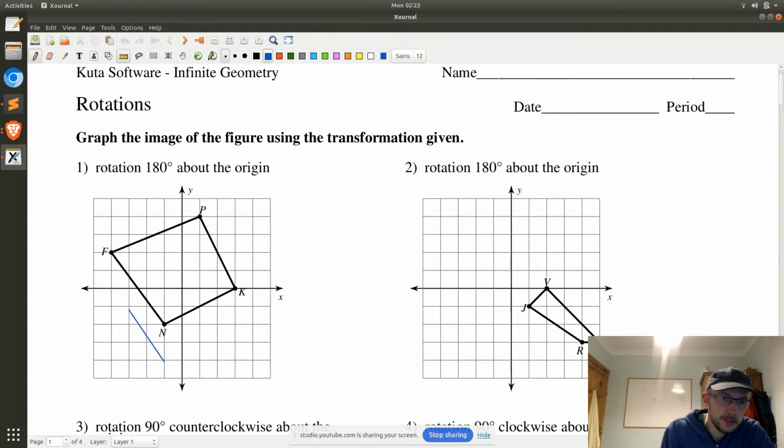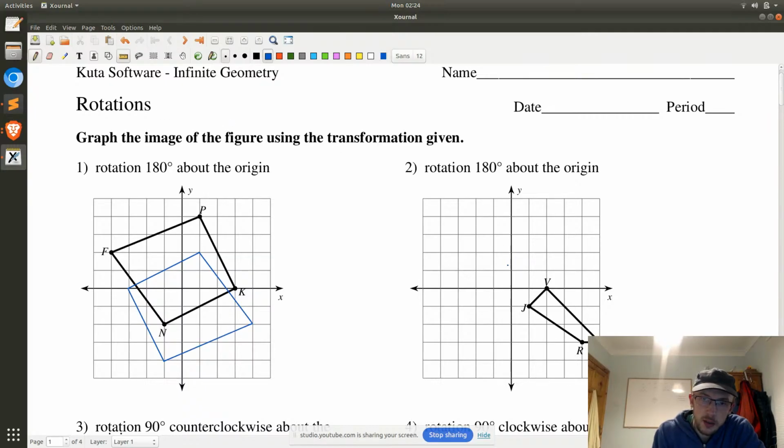Where does K go? There. Where does N go? Instead of being there, and goes there. And finally, where does F go? There. Okay.